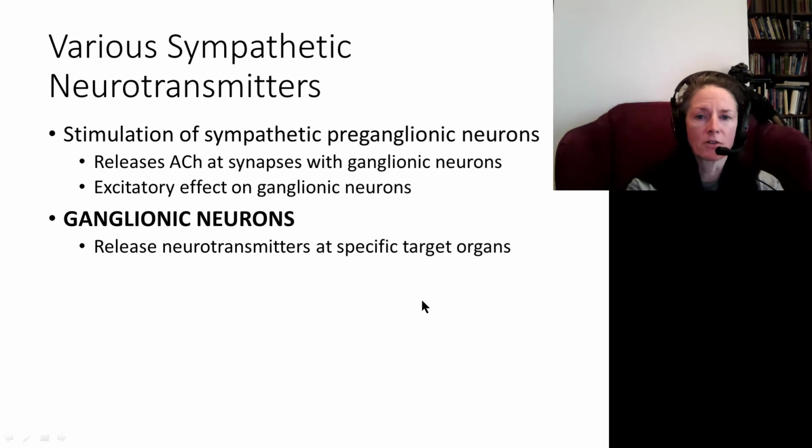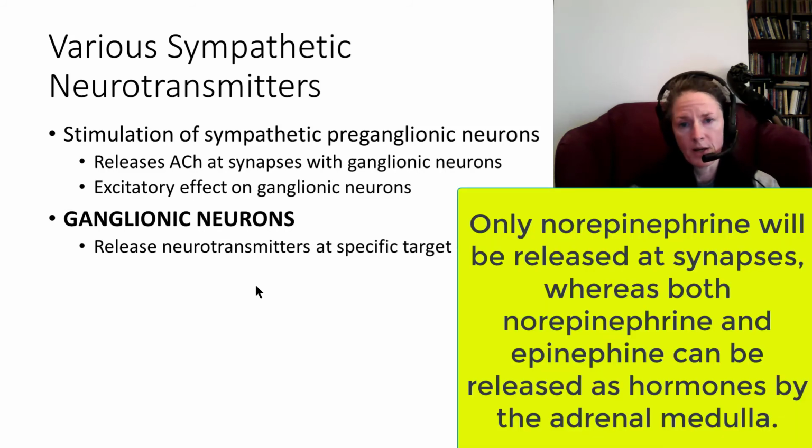Now the ganglionic neurons, on the other hand, are going to release neurotransmitters at their specific target organ. And we will see that in the sympathetic division, the set of neurotransmitters is different from what it is in the parasympathetic division. So let's talk a little bit first about what goes on in the sympathetic division. We have a variety of neurotransmitters that can be released, but the main ones are epinephrine and norepinephrine.